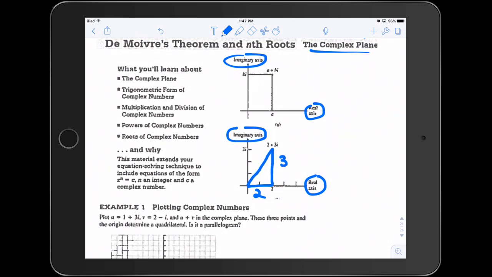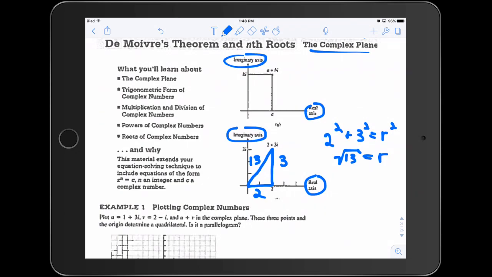And if we find that hypotenuse or the radius or the magnitude or all the stuff that we've been doing lately using the Pythagorean theorem, 2 squared plus 3 squared equals, I'm going to actually call it r squared, the radius. And if we do that, we end up with the square root of 13. And I'm bringing that up just because it helps us as we move forward here down below.